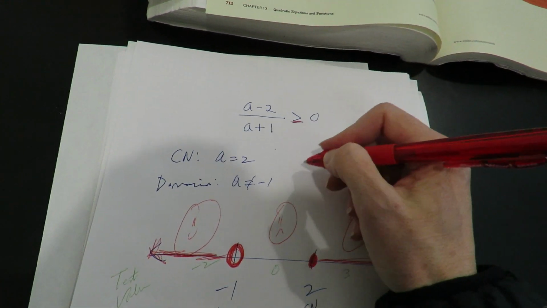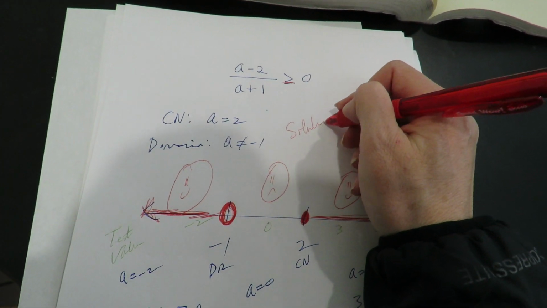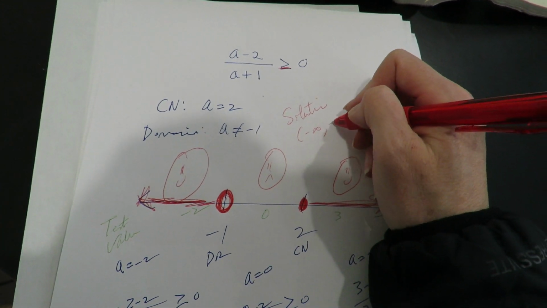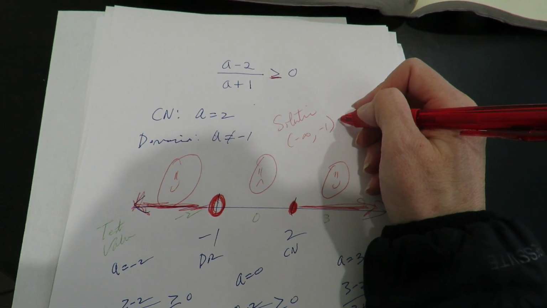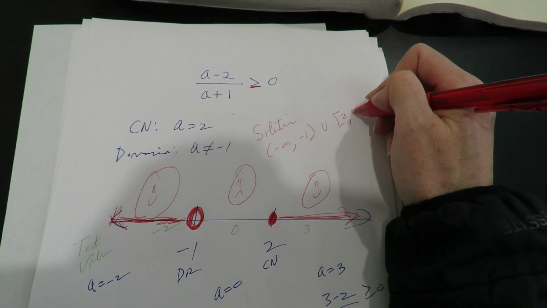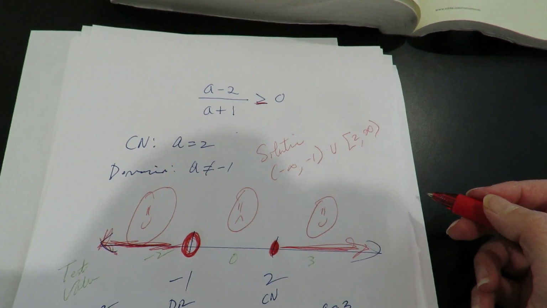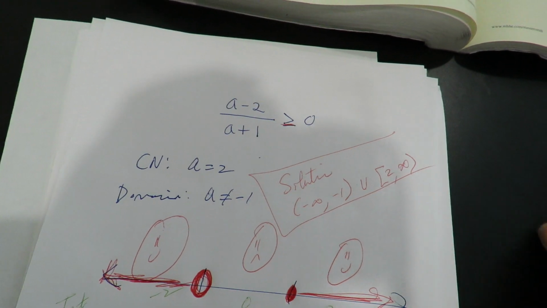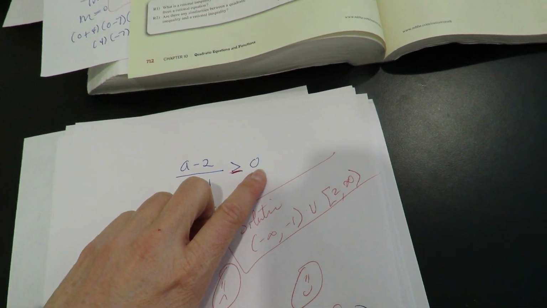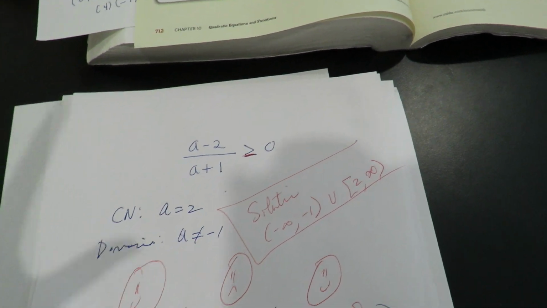Okay, and then just as before, just make sure you write out your answer. -infinity to -1, open, close at 2 to infinity. So this is the domain where the graph of this fraction is above 0.